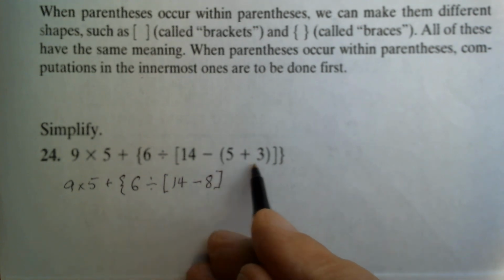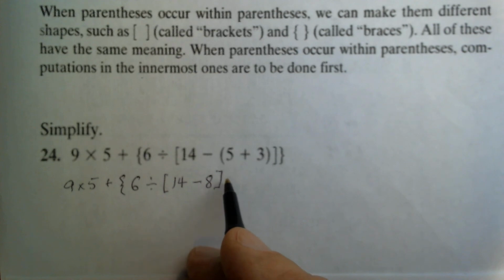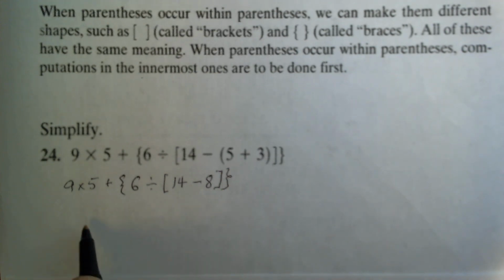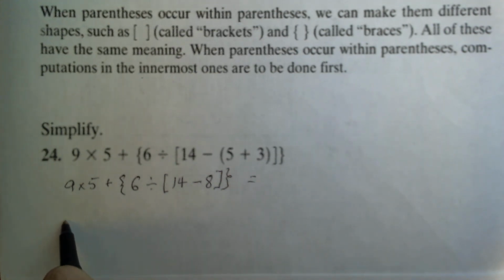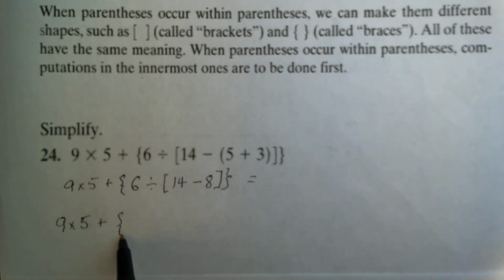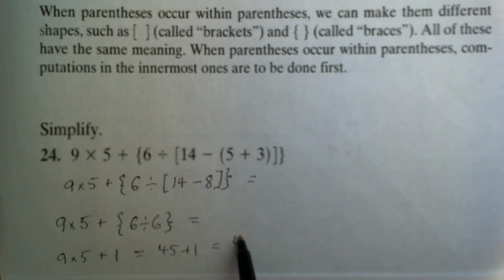That means we have now removed the rounded parentheses, which is equal to 9 times 5 plus, inside the braces, 6 divided by, and 14 minus 8 is 6, which is equal to 9 times 5 plus 6 divided by 6 is 1, which is equal to 9 times 5 is 45, plus 1, so the answer is 46.